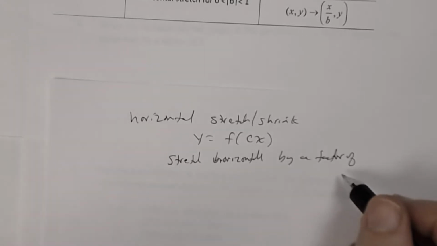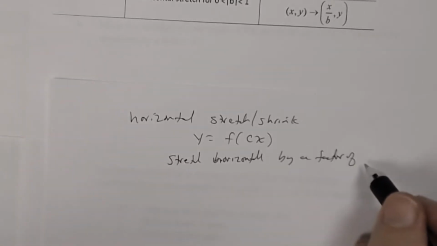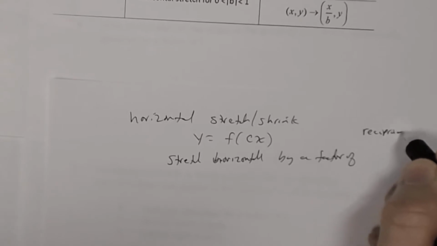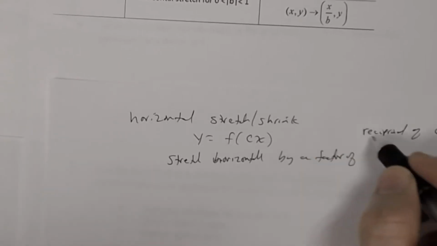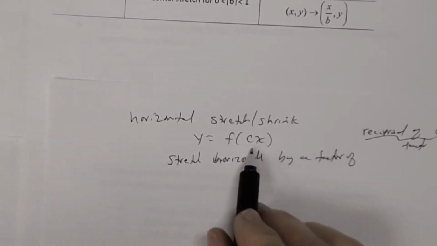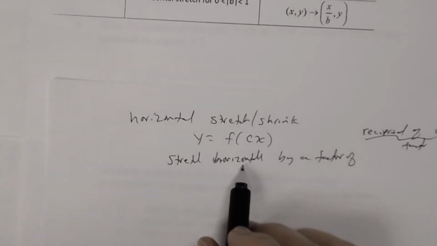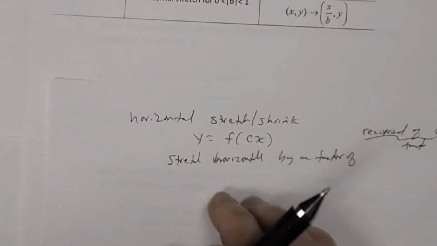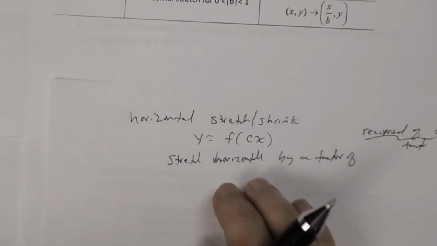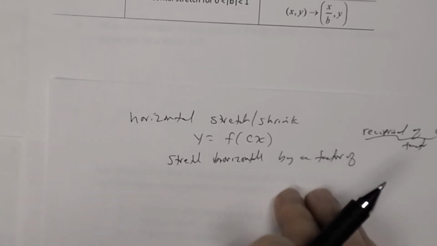If you go back to our lesson, when we said a factor of, we said we take the reciprocal of c, and that's our factor. So we don't say a factor of c. We say a factor of the reciprocal of c. That's where students get a little troubled with horizontal stretch or shrink. It's this idea of factor.